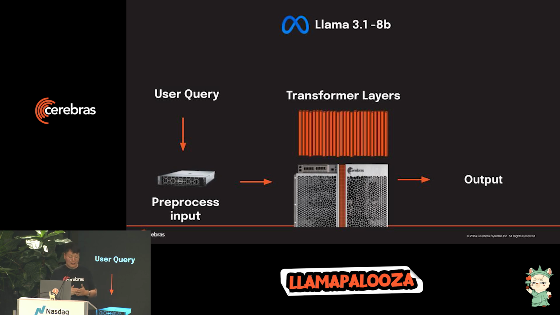Then it hits all of the layers that are mapped to individual parts of our chip, which is stored in this beautiful Cerebras system that's sitting somewhere in California, Dallas, or some other data center. After it goes through each layer, it gets returned as the output. And thankfully, Llama 3.1 8B, which is 16 gigabytes, fits comfortably within one system. So it only takes one system to serve Llama 3.1 8B.